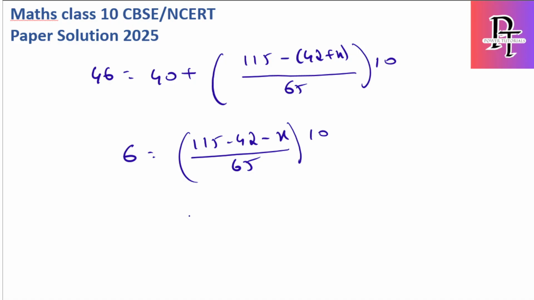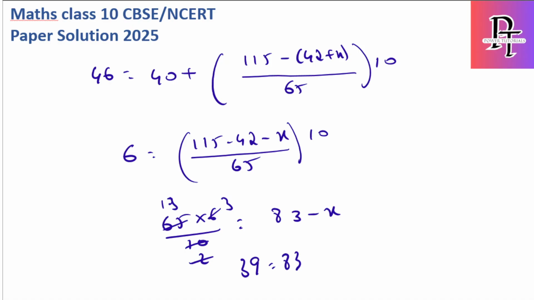So 65 into 6 by 10 is equal to 39. 11 minus 4 is 8, so 83 minus x. Let's divide by 5. 5 13s are 65, 5 2s are 10, so 13 3s are 39, equal to 83 minus x.